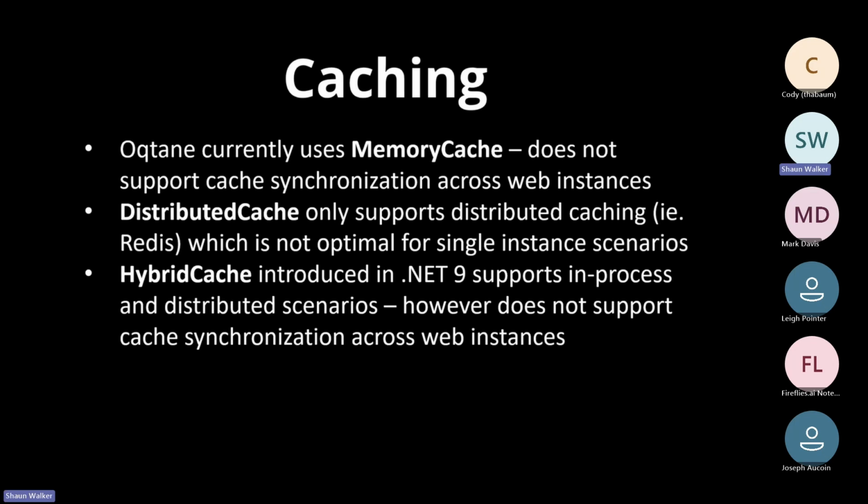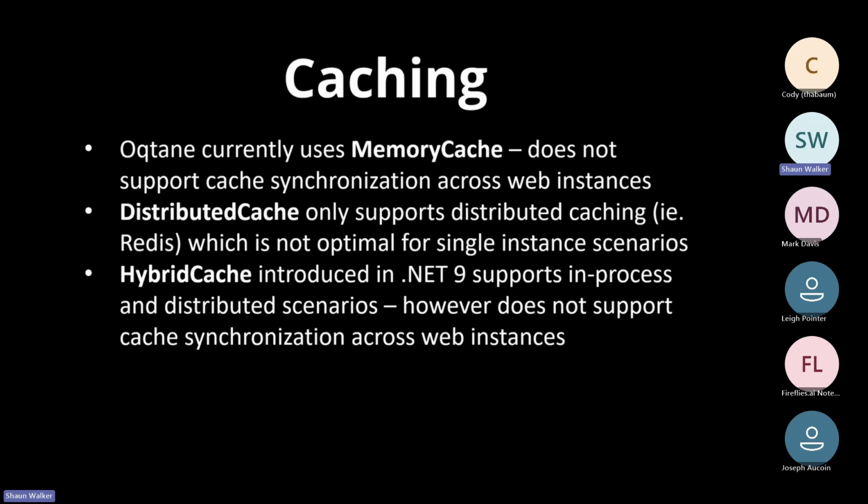The challenge there is that if you are just doing local development with a single instance, or you don't have scale out needs, then you do not need a distributed cache. Sometimes you might be able to get some benefit from it, but in general, having that extra infrastructure that you need to set up isn't great, just in order to use Oqtane. So distributed cache isn't really a great option for us to use.